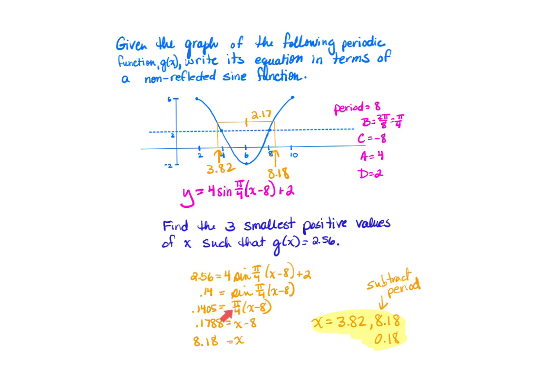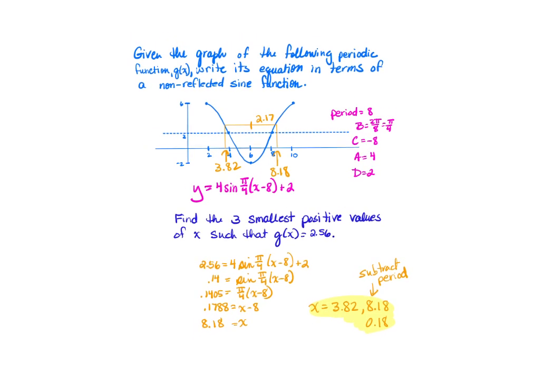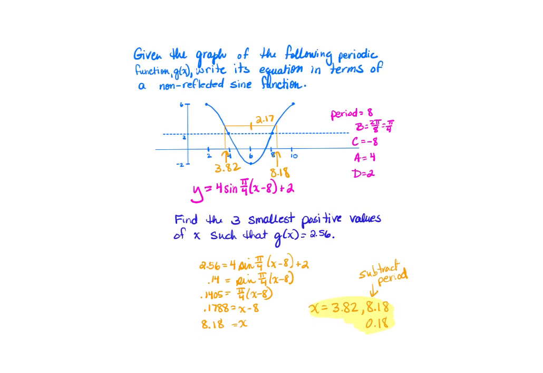Multiply both sides by 4 over pi, or you can think of that as dividing by pi over 4. So I get 0.1788. That's equal to x minus 8. And then finally, I'm going to add 8 to both sides. And I find my x value is 8.18.